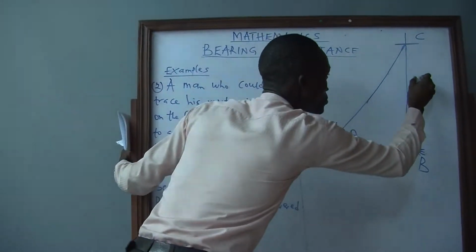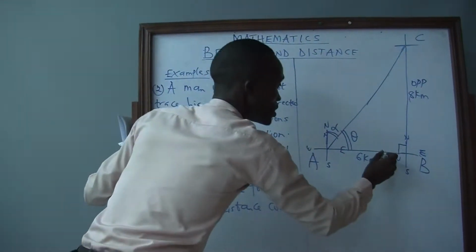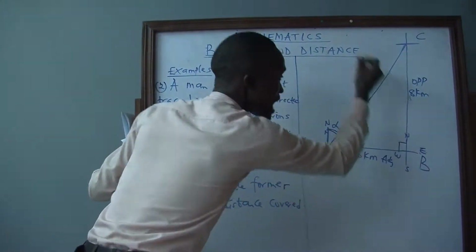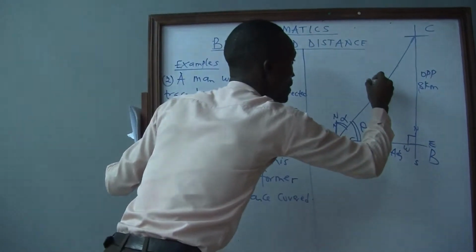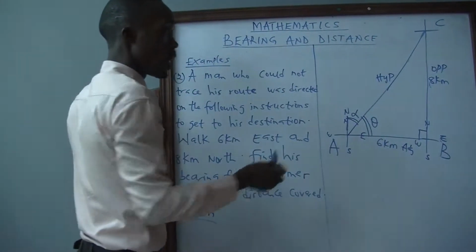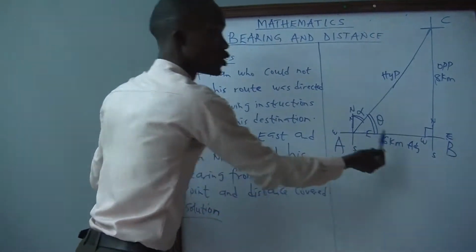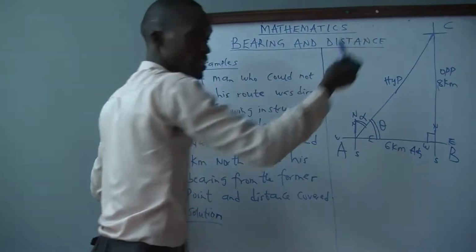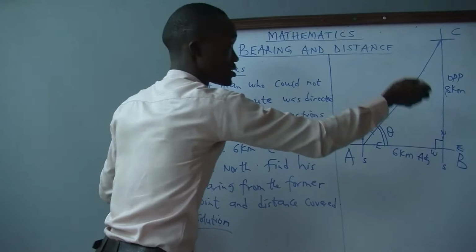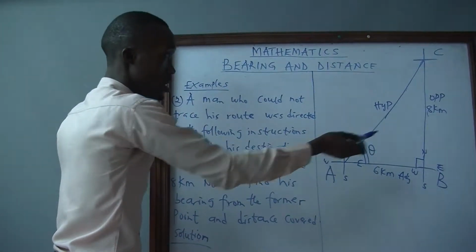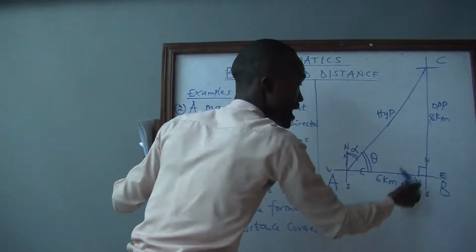To theta, this one is opposite, this one is adjacent, and the side facing that 90 degrees is the hypotenuse. Now, I know opposite, I know adjacent, but I don't know the hypotenuse, and I want to use trigonometric ratios.